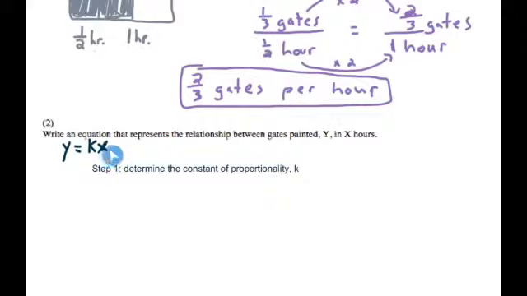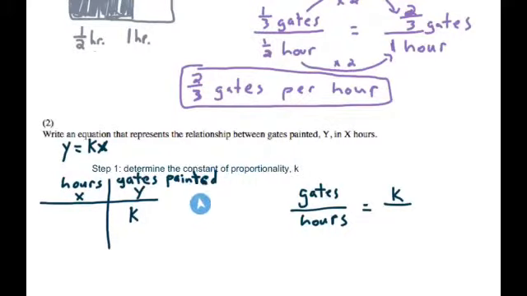So when you see the equation, you might already be thinking Y equals KX. Now to write that equation, step 1, we need to determine the constant of proportionality K. And if we look at our work from question 1, we've already calculated the constant of proportionality K. We just need to know where to look and find it.